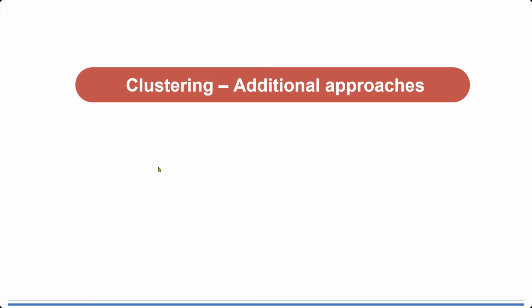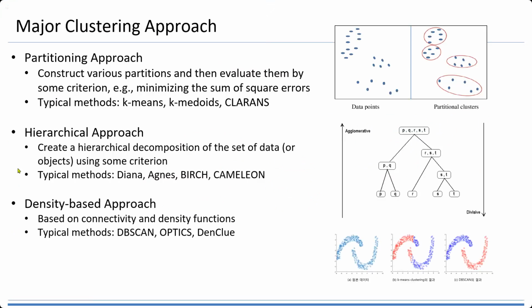So let's look at this problem. When we do the clustering, there might be some other approaches. What we learned in the first section is the partitioning approach. Partition means we construct various partitions, then evaluate them by some criterion.